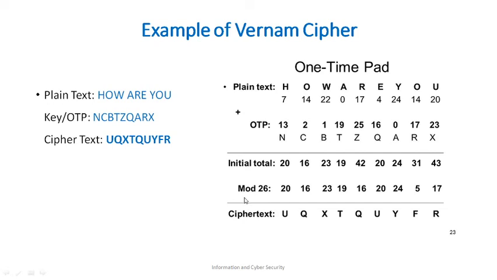So the next step is to take the output of the previous step mod 26. After the mod 26, convert the numbers back into characters using the same mapping. So the ciphertext we get is U Q X T Q U Y F R.